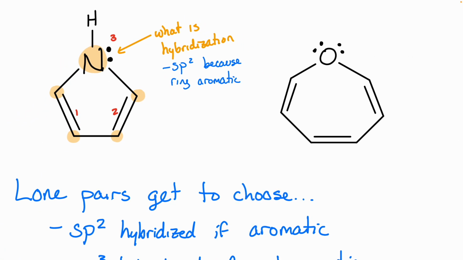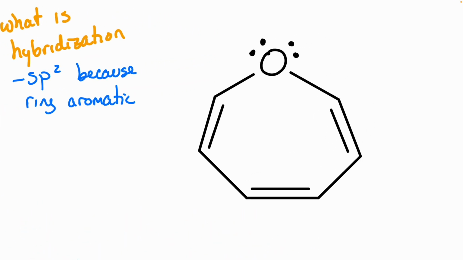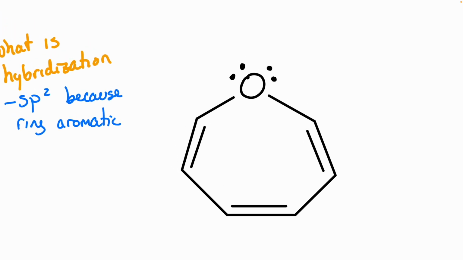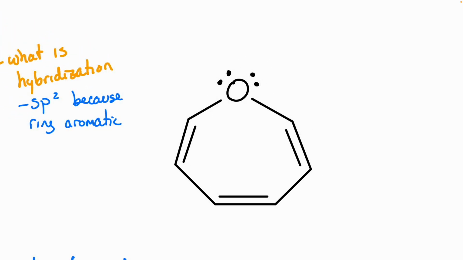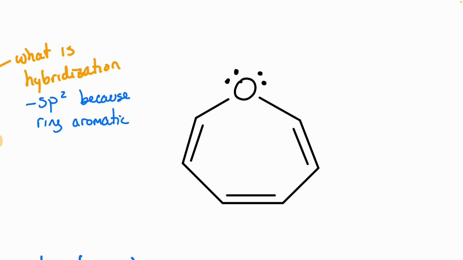All right. If we go on to our other example here, our oxygen. Importantly, oxygen is going to have 2 lone pairs in its most stable state when its formal charge is 0. Importantly, only one can interact with the ring.